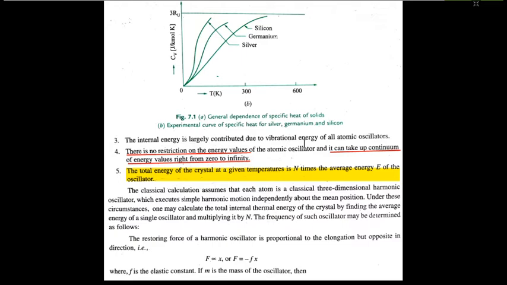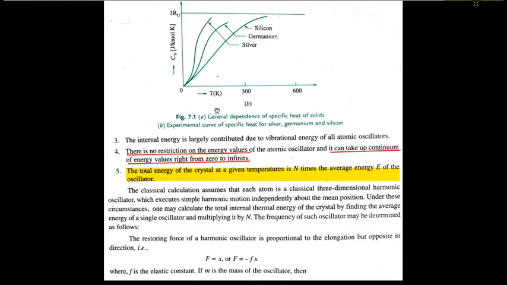The fourth assumption is that there is no restriction on the energy consumed, right from 0 to infinity, which is very unusual, because nowadays specific heat is considered in terms of phonons, and phonon is exactly the quantization concept, the quantum concept, but that came later, almost 10-20 years after the Dulong-Petit law.